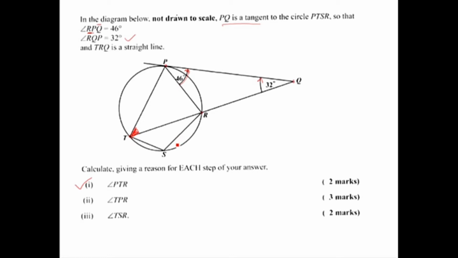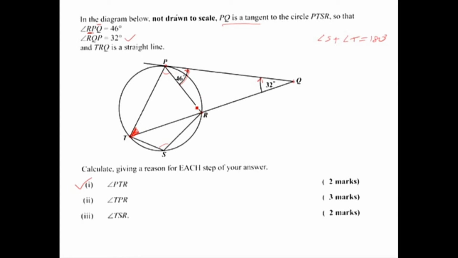Let's analyze what we have so far. What we do notice is that we have a cyclic quadrilateral, quadrilateral TSRP. All four vertices are on the circumference. It's a cyclic quadrilateral, so we know that the opposite angles will sum to 180. So we know angle S plus angle T, this angle right here and this angle right here, will be equal to 180.